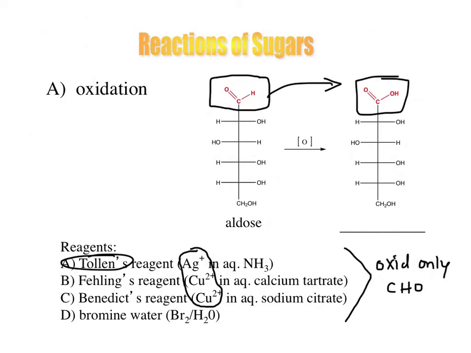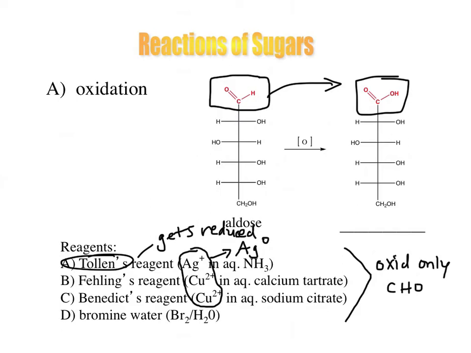I add some Tollens reagent. If the aldehyde gets oxidized, then the reagent gets reduced. Does that make sense? If it gets reduced, the silver plus gains an electron, and it becomes silver with no charge, silver metal.